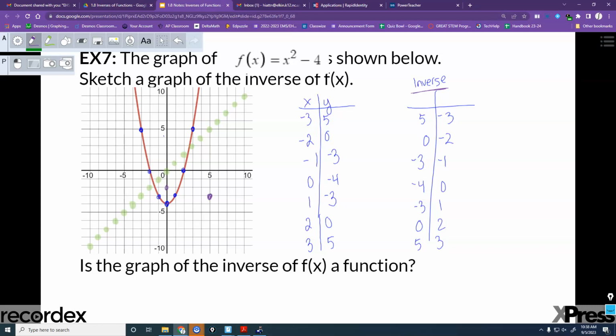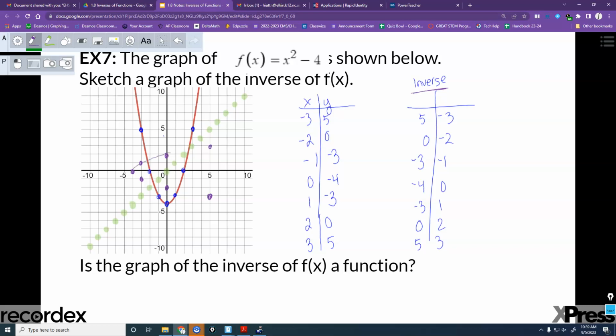(0, -2) is right here. (-3, -1) is here. (-4, 0). (-3, 1). (0, 2). (5, 3).